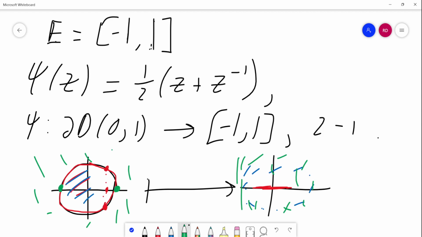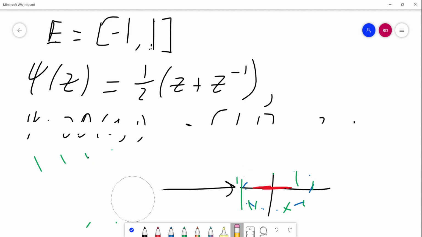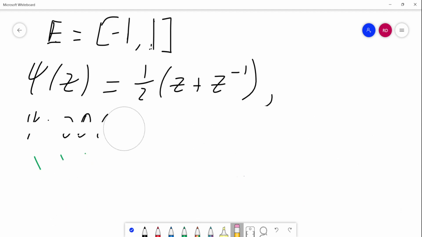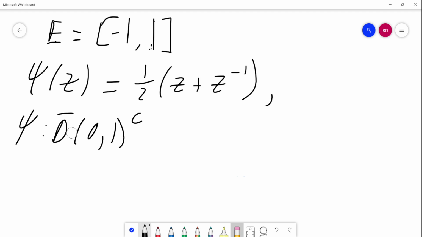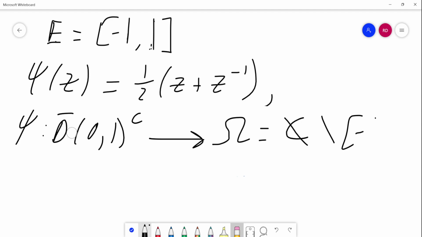So let's focus on the one that deals with the outer part, because that's what our theorem has to do with. So let me clear this off for a sec. Let's declare psi specifically to map the exterior of that closed disk, everything with greater absolute value, to omega, which is the complex plane not counting -1 to 1.